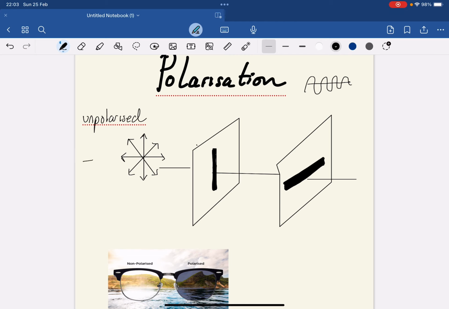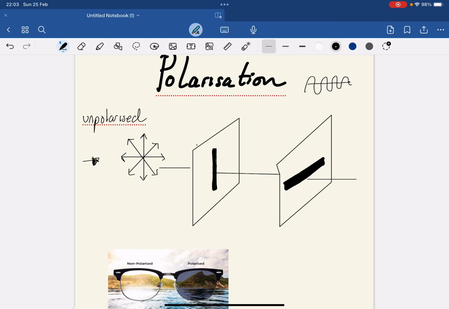So what we have here, for instance, is unpolarized light. Now, light that is transverse is going in any direction due to the excited electrons, and it goes along this plane.